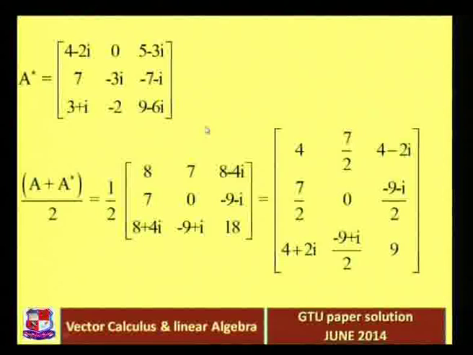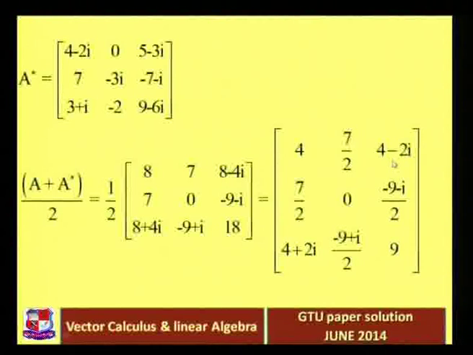Directly, if you want to check that this is a Hermitian matrix, you can see the diagonal elements are all real numbers. How do we find out that A star of this matrix is the same matrix? When we write down the conjugate of the matrix and then transpose it, all diagonal elements remain as they are, and then these two are 7 by 2, 7 by 2, both are the same.